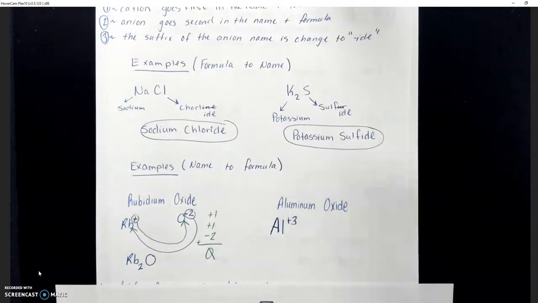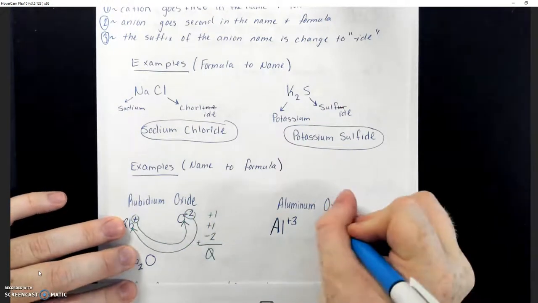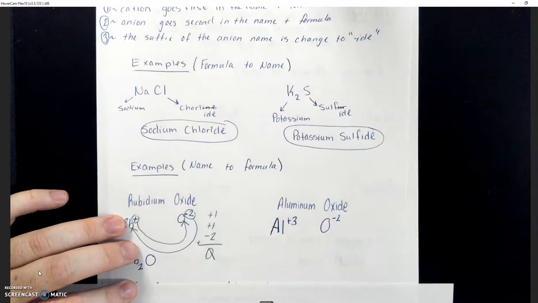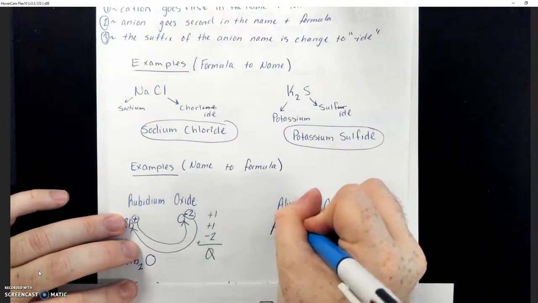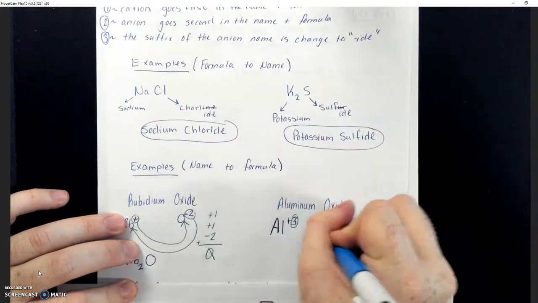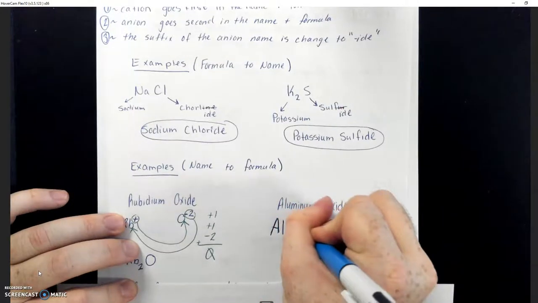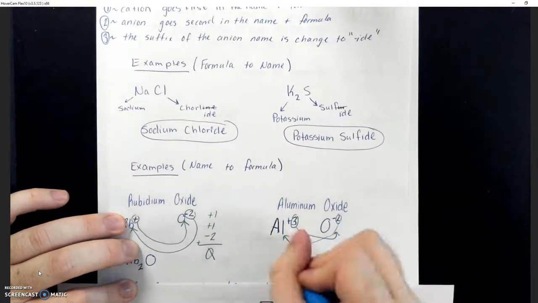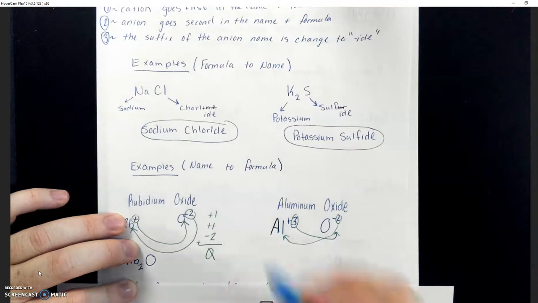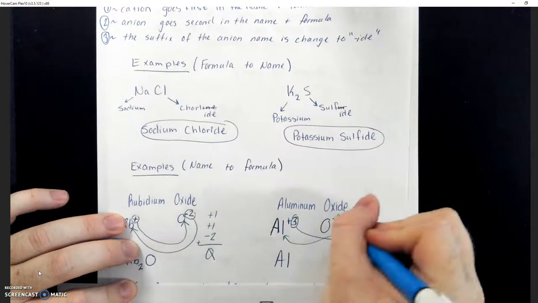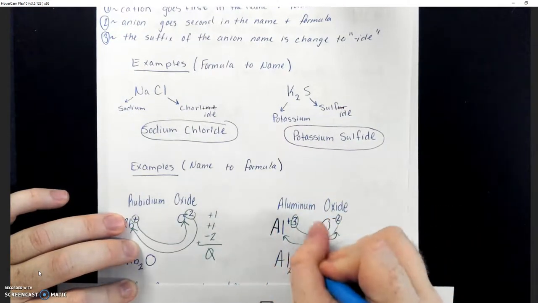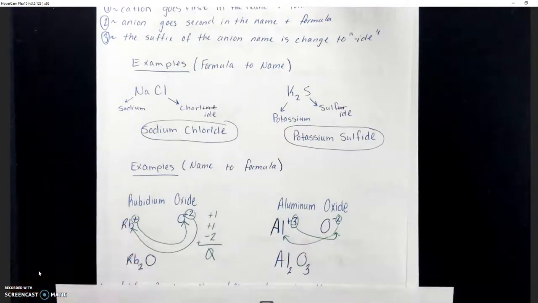Oxide, same thing that we did for the rubidium oxide. You already know that it's going to be -2. And then taking just the numbers, we're going to do the crisscross method. This time I actually crossed them. And our final formula is going to be Al2O3.